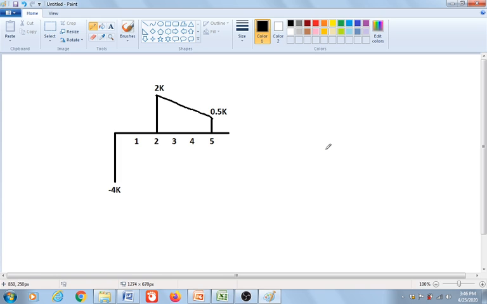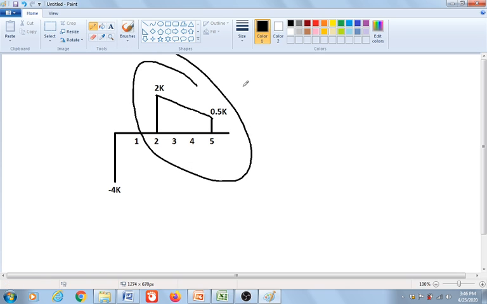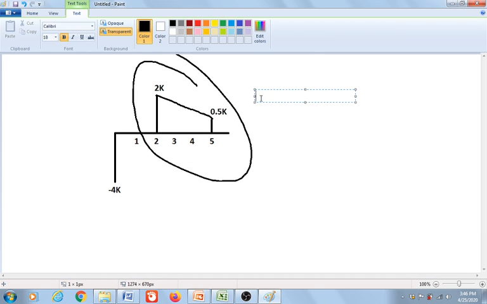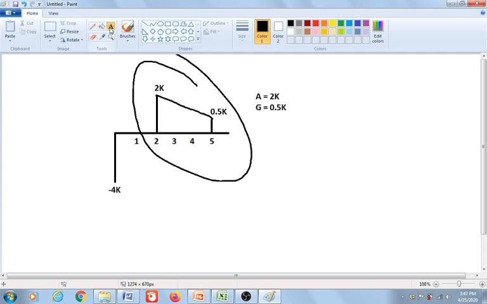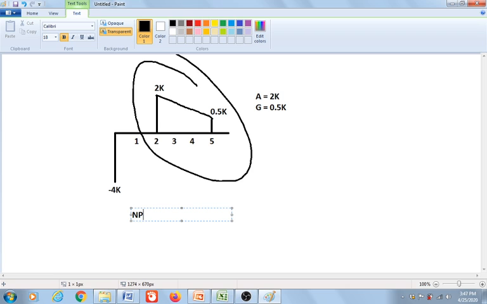So this is the cash flow. With this cash flow, we have the A, which is equal to 2K, and the gradient equal to 0.5K.